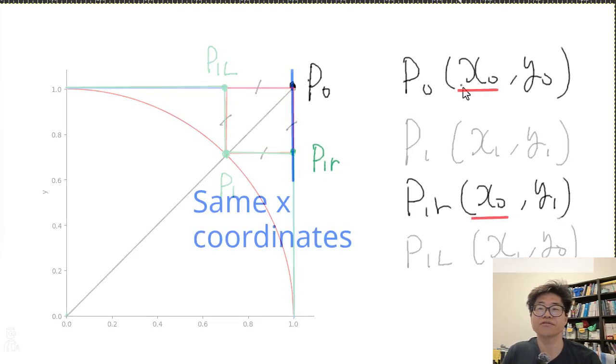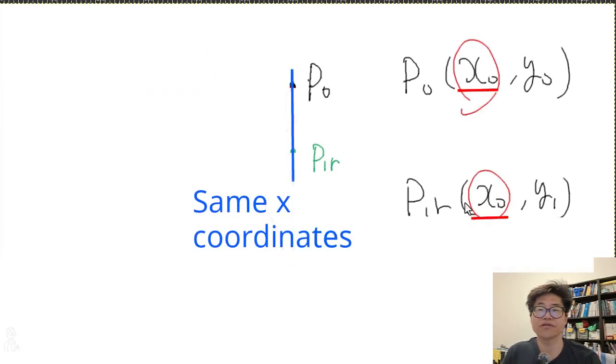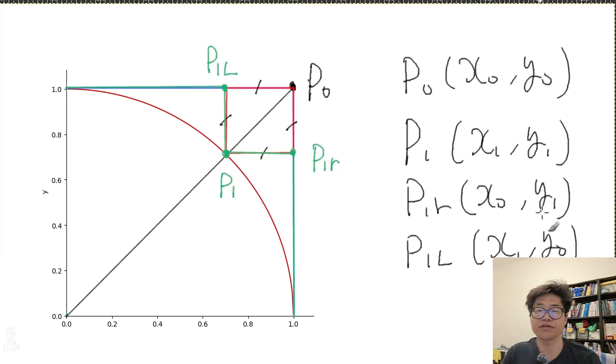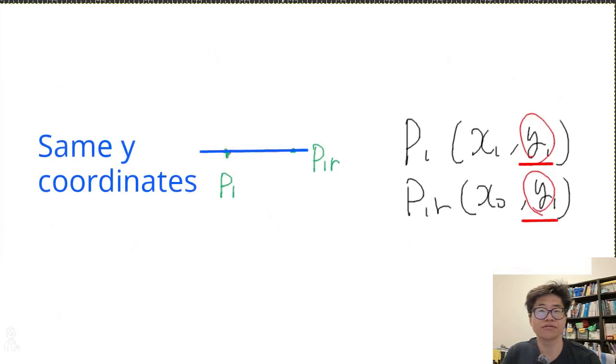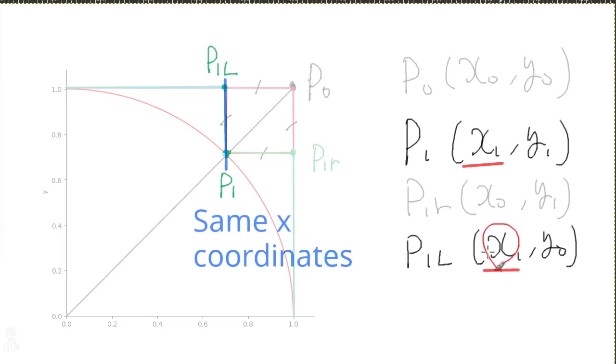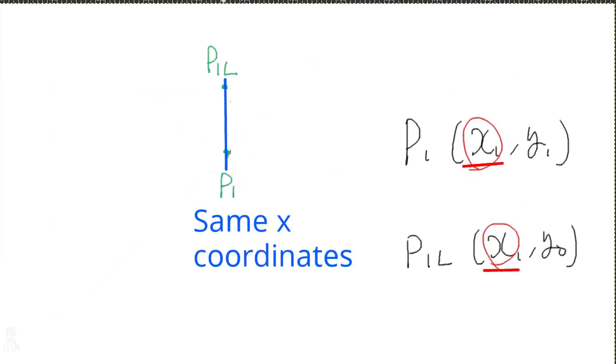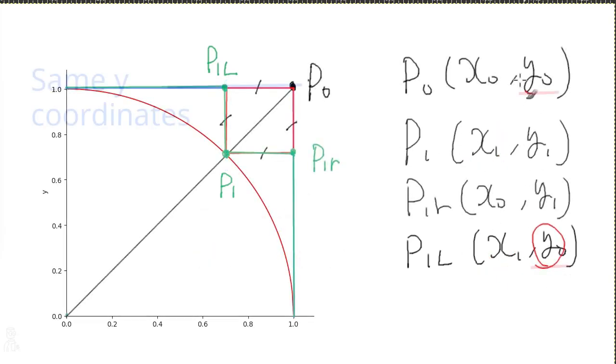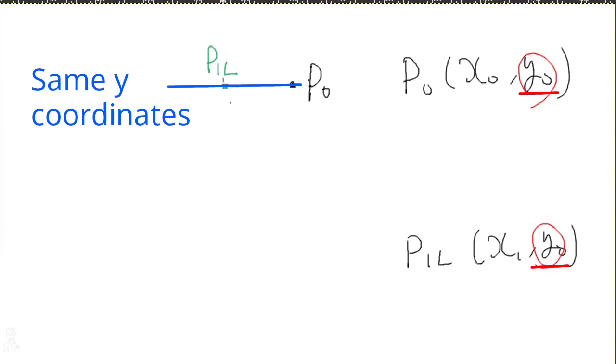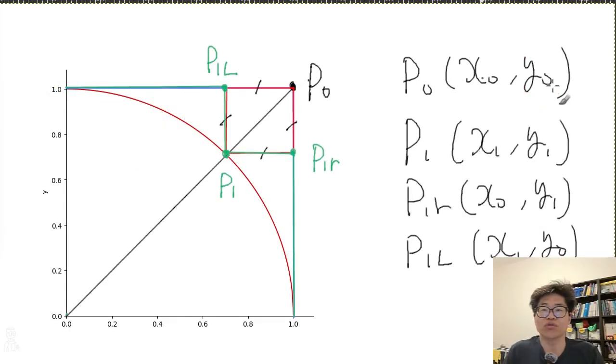P1R's x is the same as here, and y is the same as here. For P1L, x is the same as this one, and y is the same as P0. We know P0 is 1, 1, so if we know P1, then we know everything. And we have all the formulas.